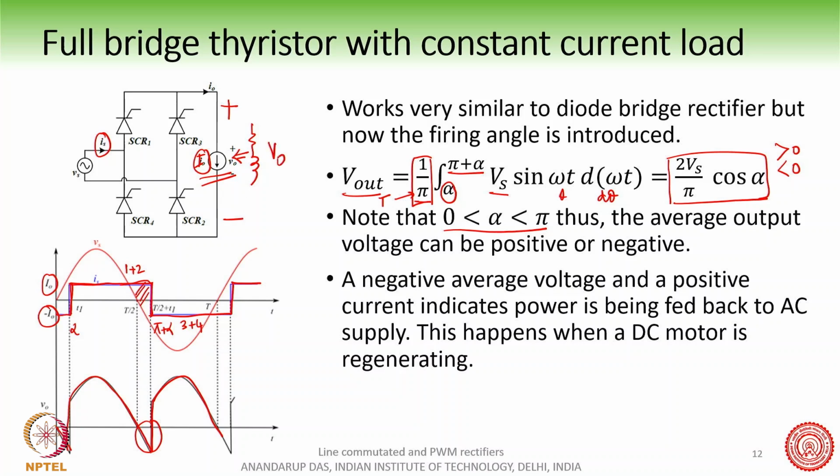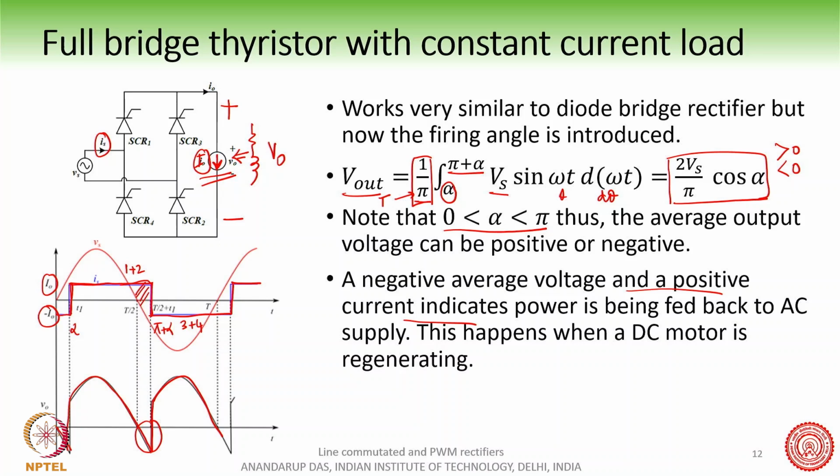So a negative average voltage and a positive current. Note that the current through this is always in this direction, going from the plus to the minus. The current cannot change its direction because, as you can see from the symbol itself, it's the symbol of a valve, a diode thing.